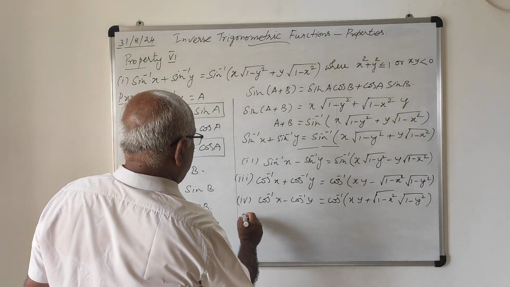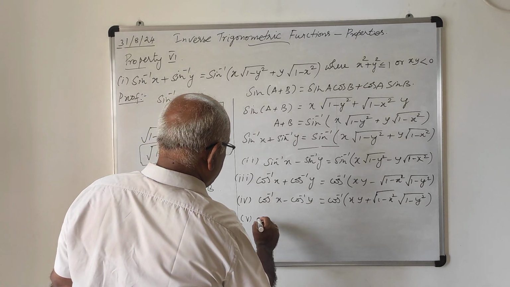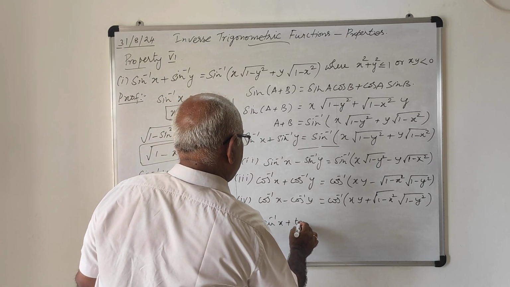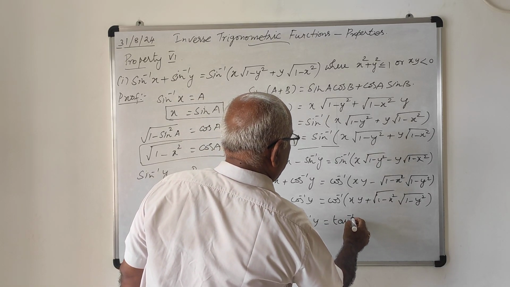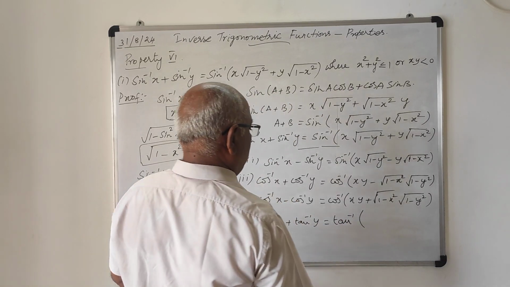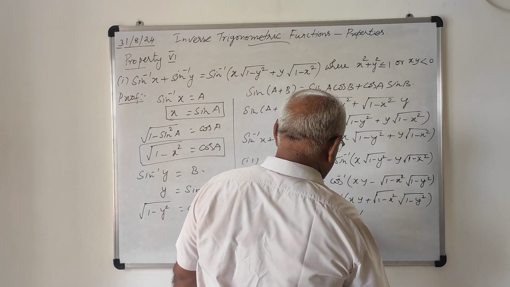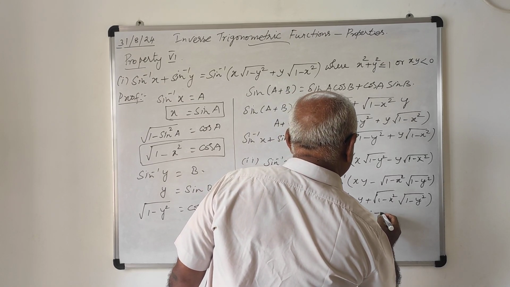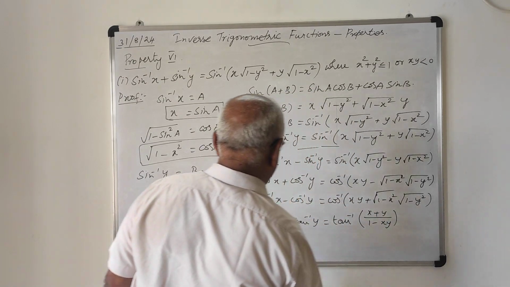Fifth one is tan inverse of x plus tan inverse of y equal to tan inverse of x plus y by 1 minus xy.